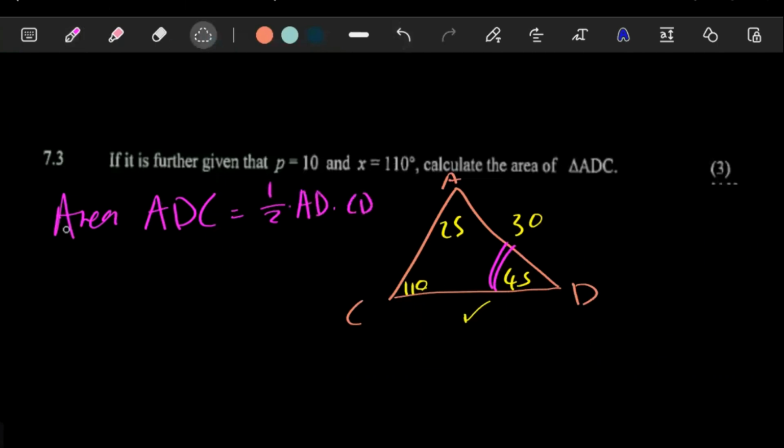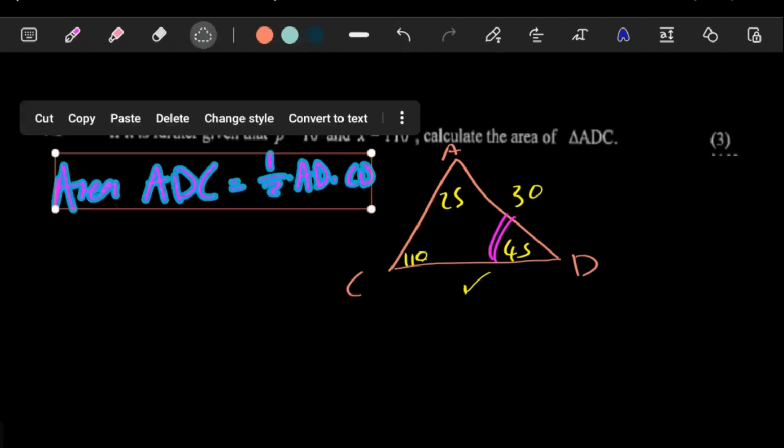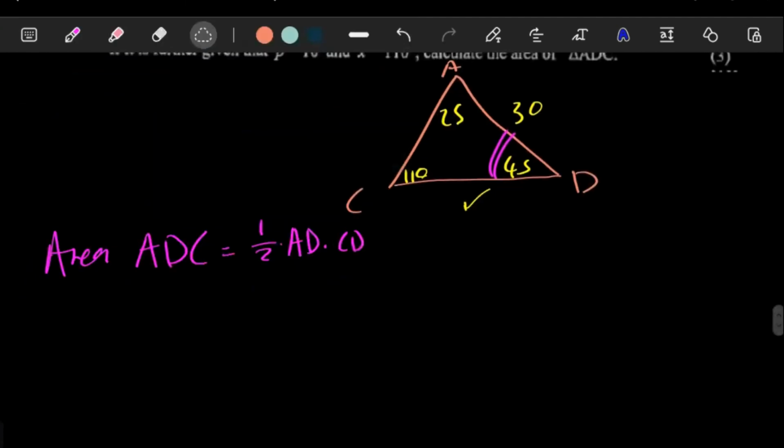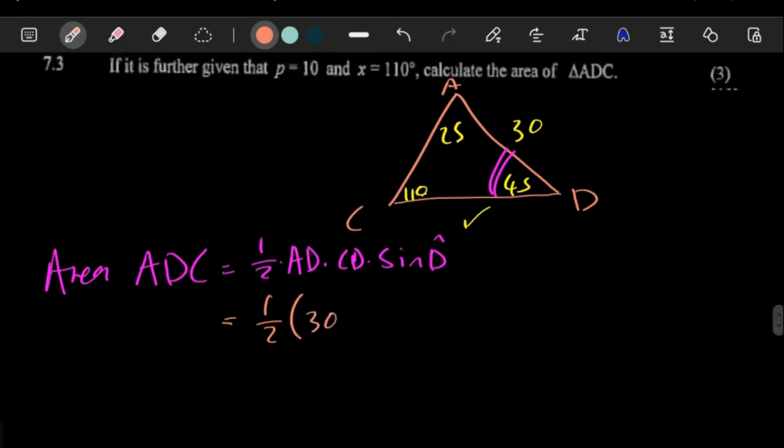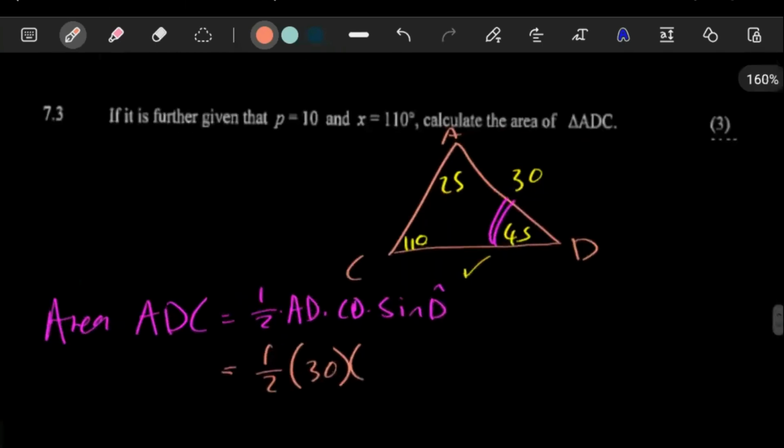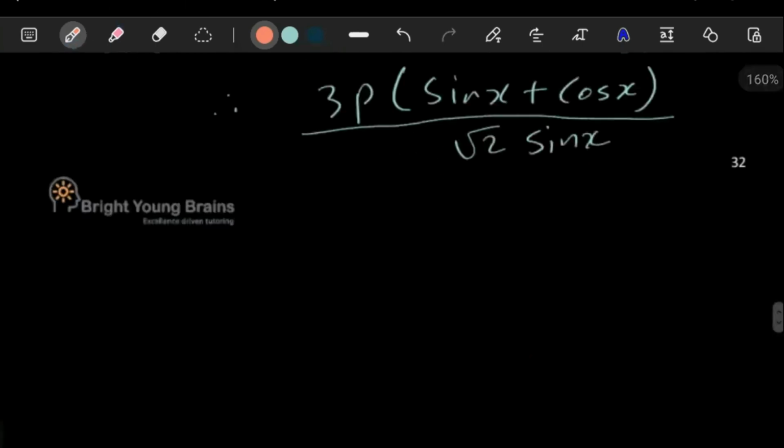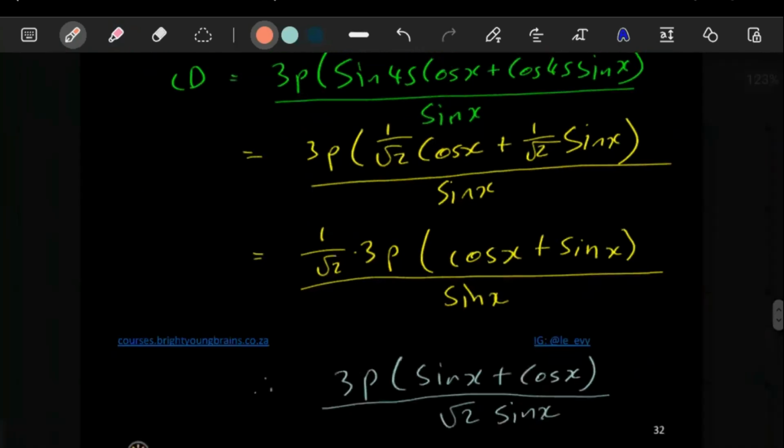And then the angle in the middle is sine 45, so that's like sine D. So this is a half, AD is 30. CD, let's actually get a length for CD before we do things that are just crazy here.